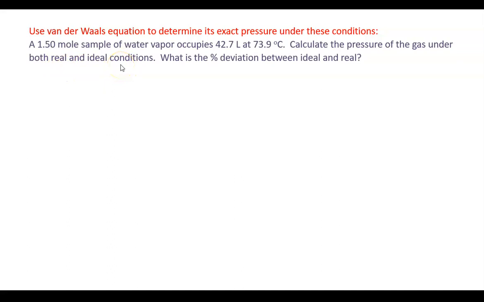Ideal just means P equals nRT over V. Real would be what we just did, but make sure you're using the a and b values for water vapor. The percent deviation, you can try to figure that out on your own. Otherwise, we will talk about that in class. But do try to calculate the ideal and real pressures of water vapor under those conditions.